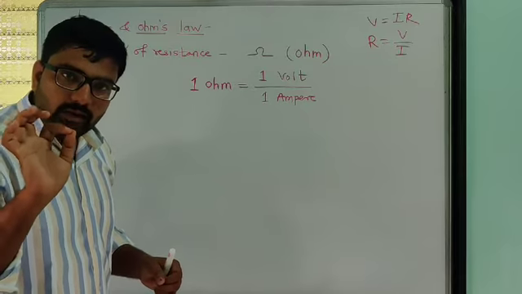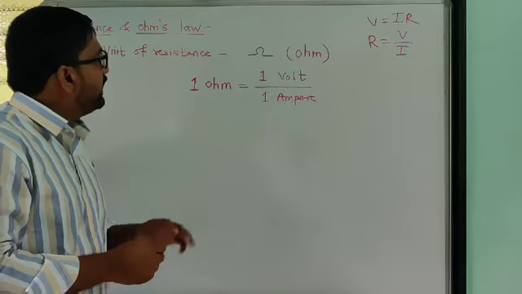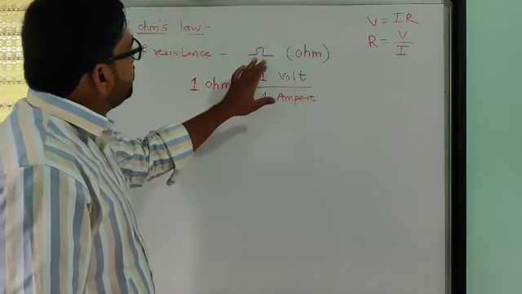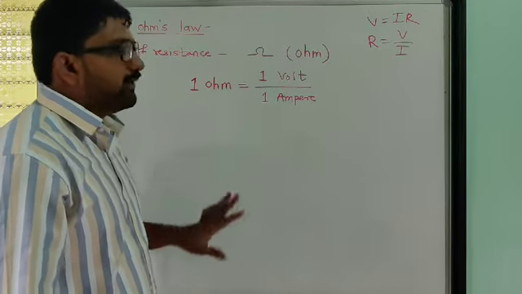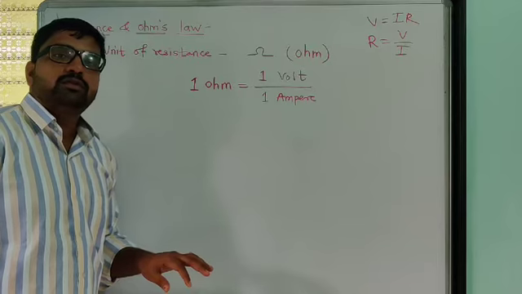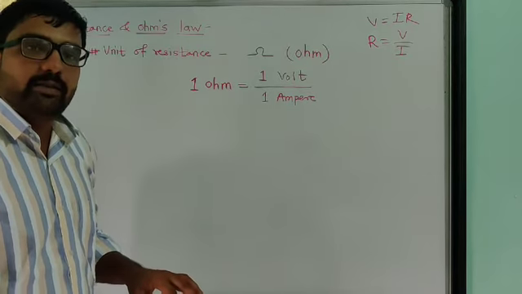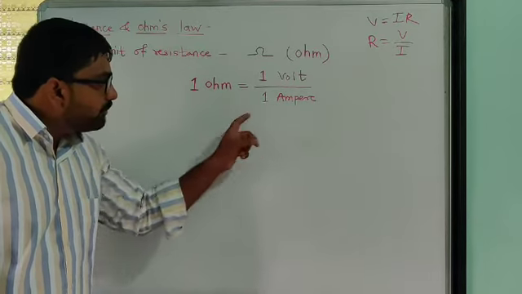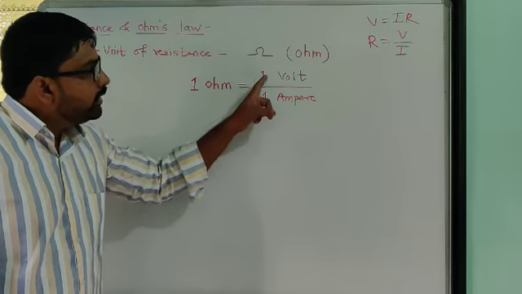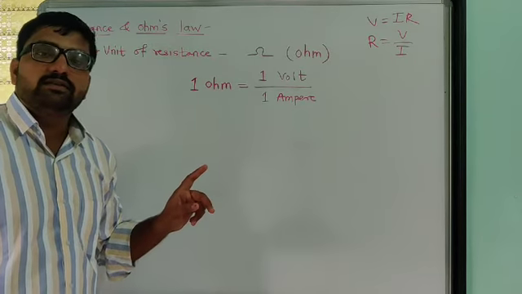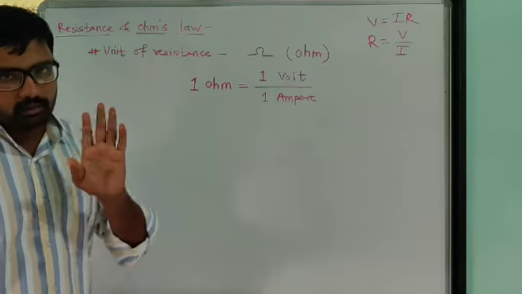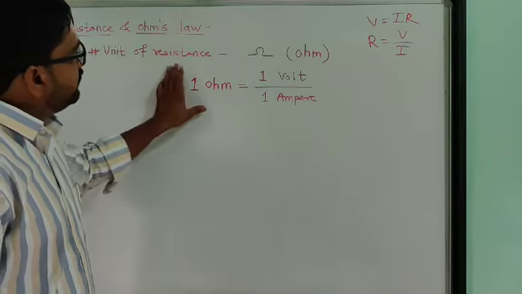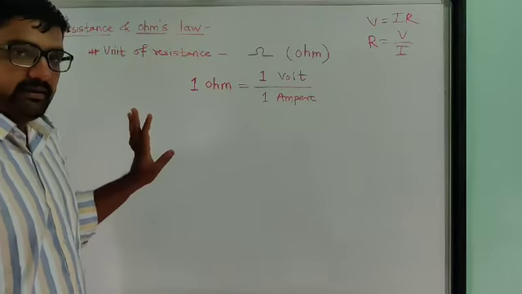So you have to remember only one thing: the unit of resistance is ohm, and 1 ohm is 1 volt divided by 1 ampere.